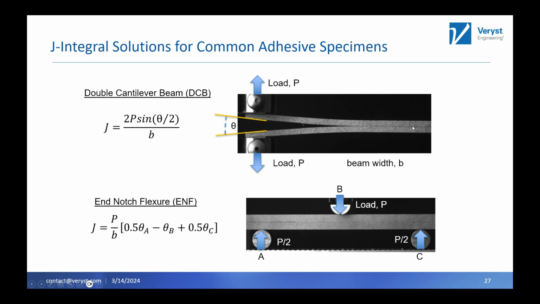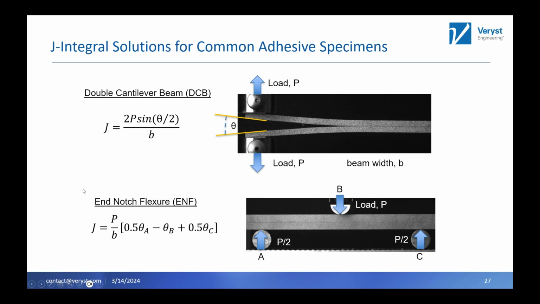There's an adhesive joint between these two beams towards the right, and we can measure the rotation, the opening angle of the two adherends, as well as the load, and we know the geometry of the specimen. We can calculate J. So this is how we run a mode 1 test.